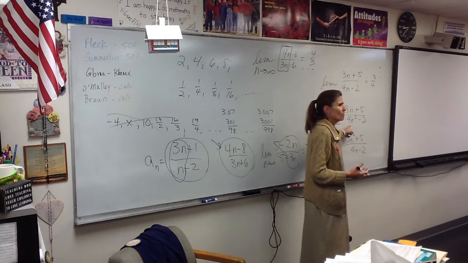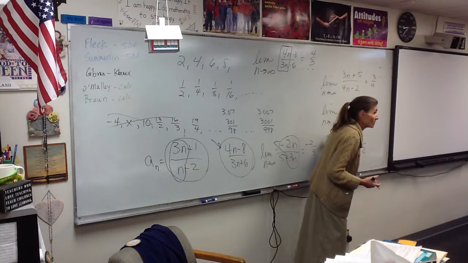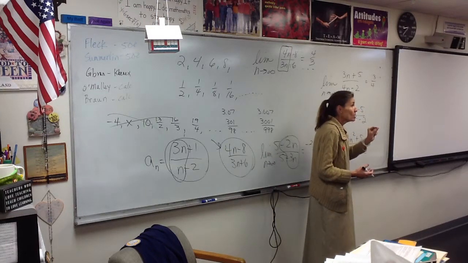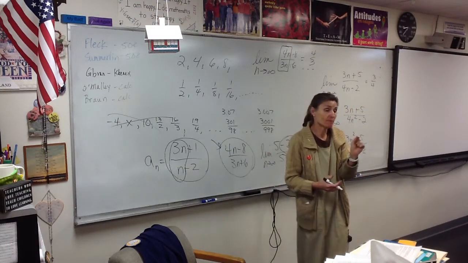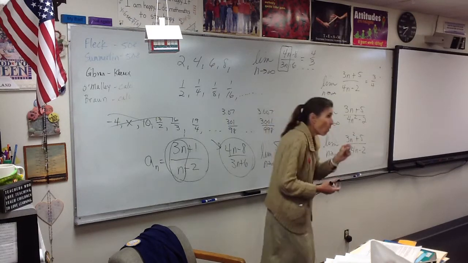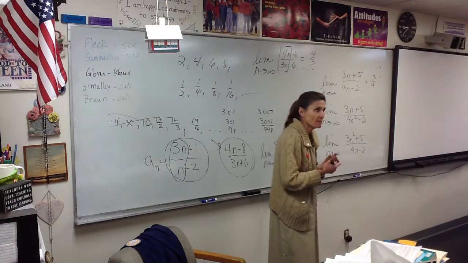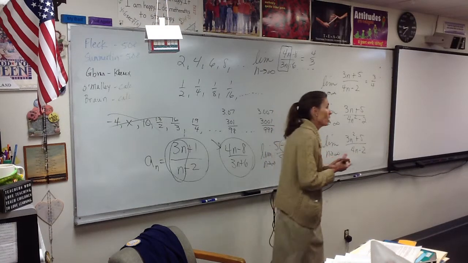But how about 4 times 1 billion squared? That's way bigger. So if you have a fraction where the denominator is a whole lot bigger than the numerator, what's that limit going to be? 0.